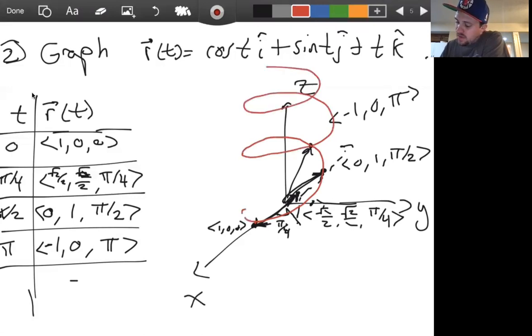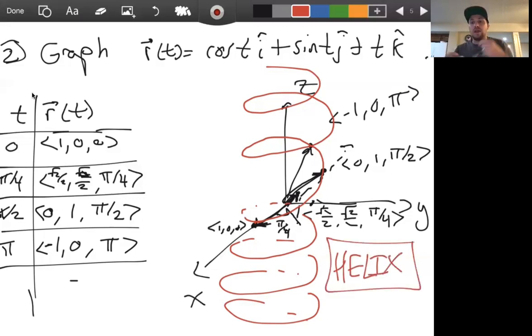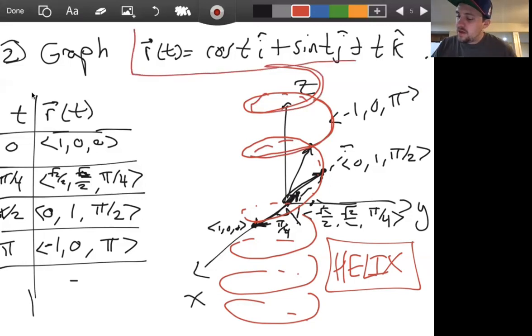And if you trace the picture out, you get kind of a 3-dimensional spiral infinitely, which we call a helix, like a DNA strand. DNA is two helix curves that are intertwined. Here's just one of the curves, right? And that's given by the vector cosine of t, sine of t, t.